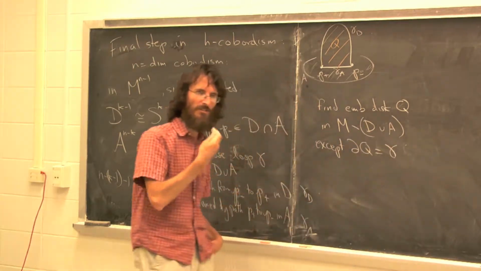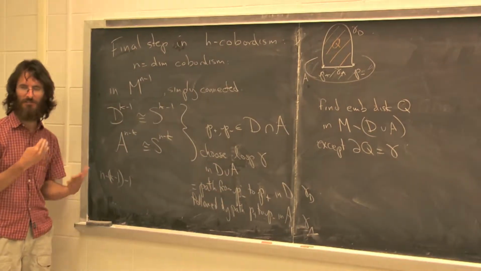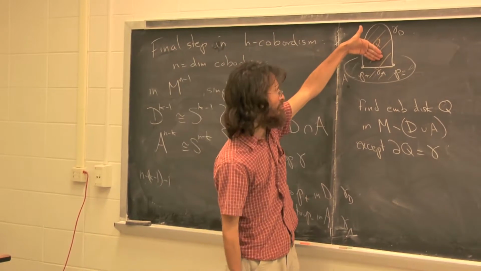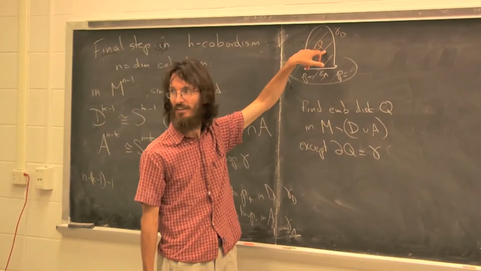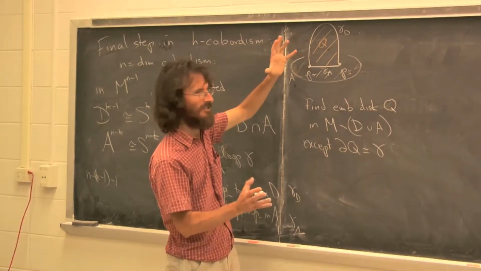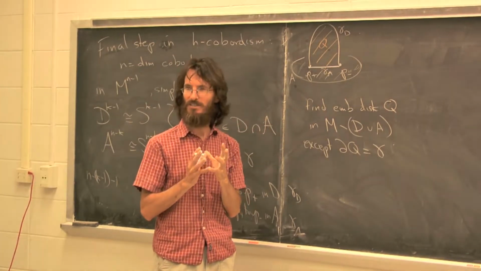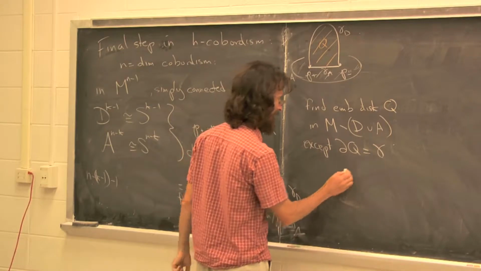It really should be transverse; there's a nice transverse model you want to set up. So in the interior of Q, I don't want to see A or D. Then there's this nice three-dimensional ball inside M, along which I can do the obvious thing.